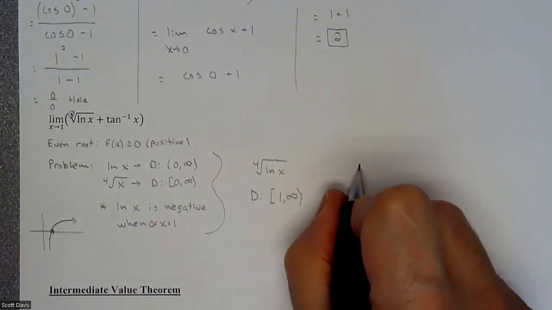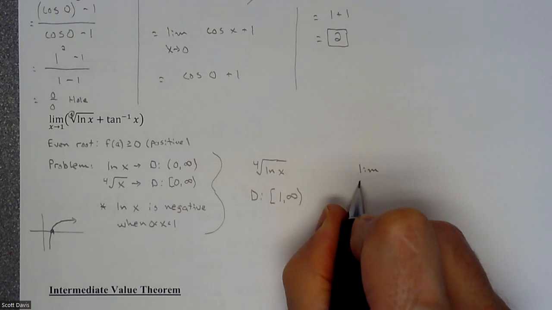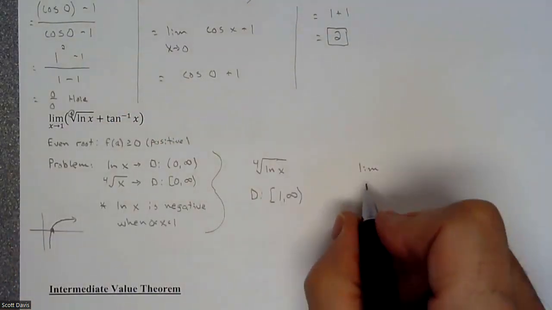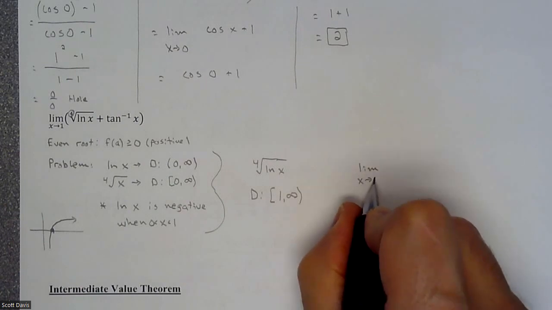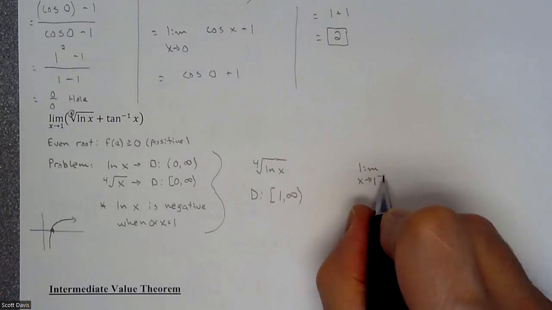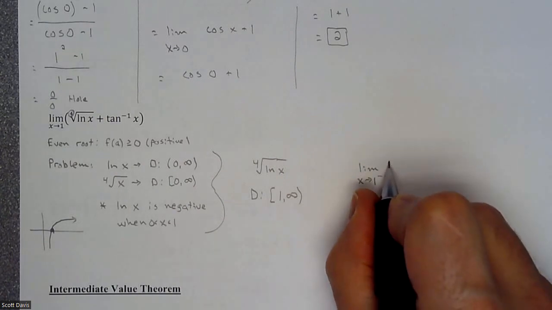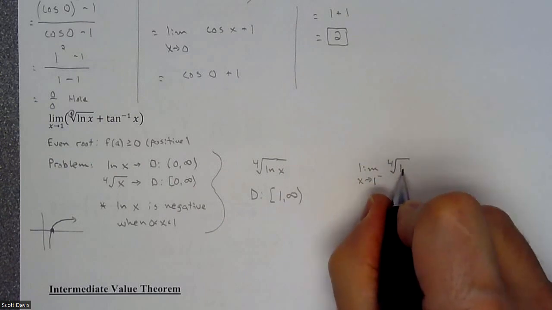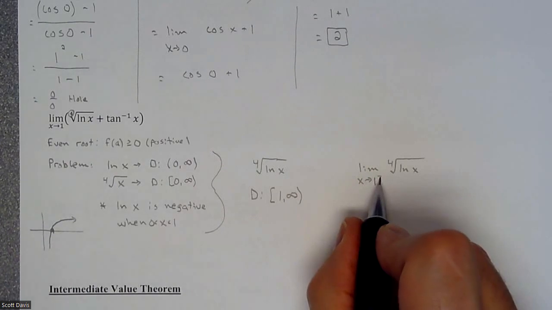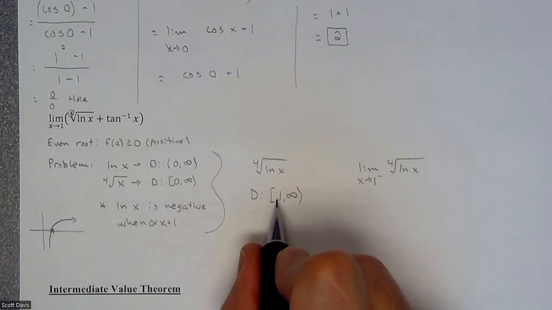So if we do the limit, let's continue to take a look at this side. As x approaches 1, if we do the limit from the left of this fourth root, the left side of 1 doesn't exist.